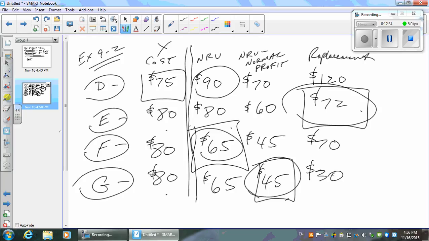If you want, however, what you could do is add them up. You could take the quantity times each one of the costs, and then add up the total of them. So I would get a total for cost and a total for market.